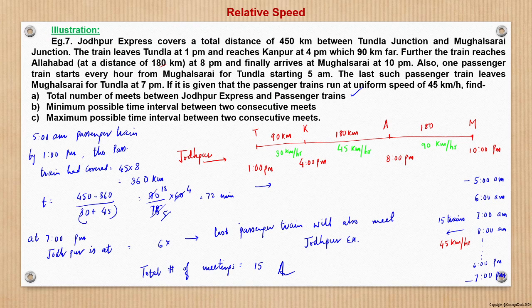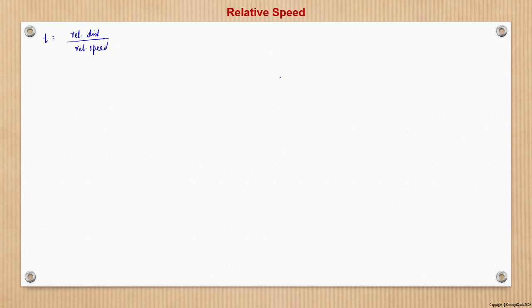Let me redraw this figure once again here. Tunda, this is Kanpur, Allahabad, this is Mughalsarai. This distance is 90 kilometers, this is 180, this is 180.